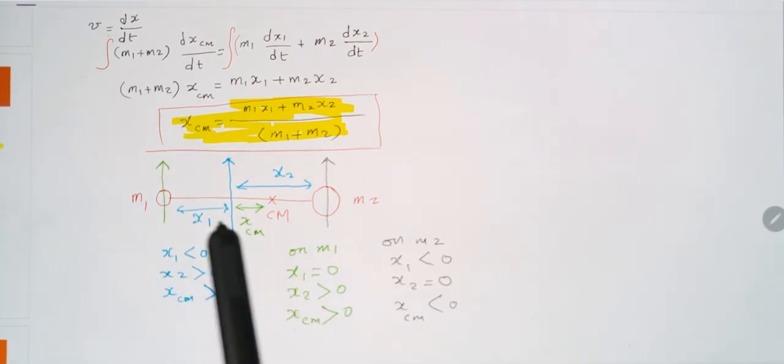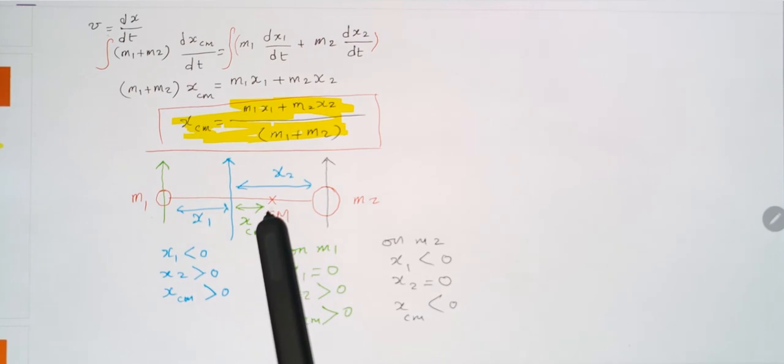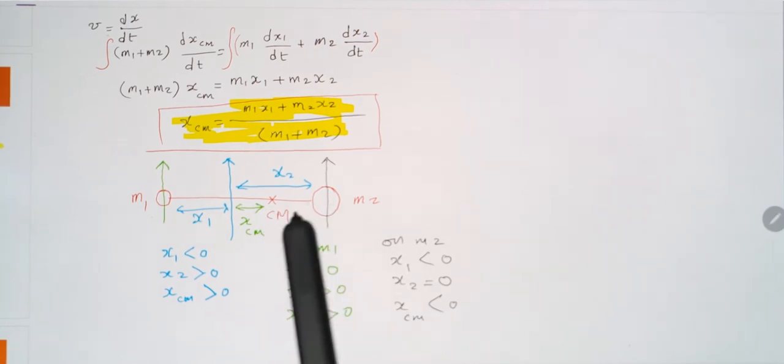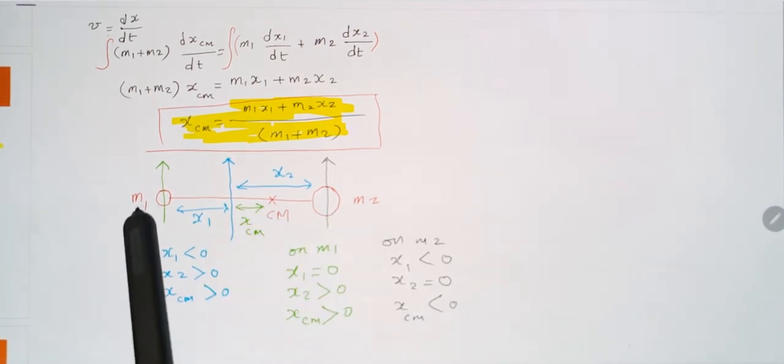Always, the distance is fixed. However you assume any position for your axis, it will give you the same final result in terms of how far center of mass is from M2 and how far center of mass is from M1. Always you will get the same result, no matter what axis you look at.